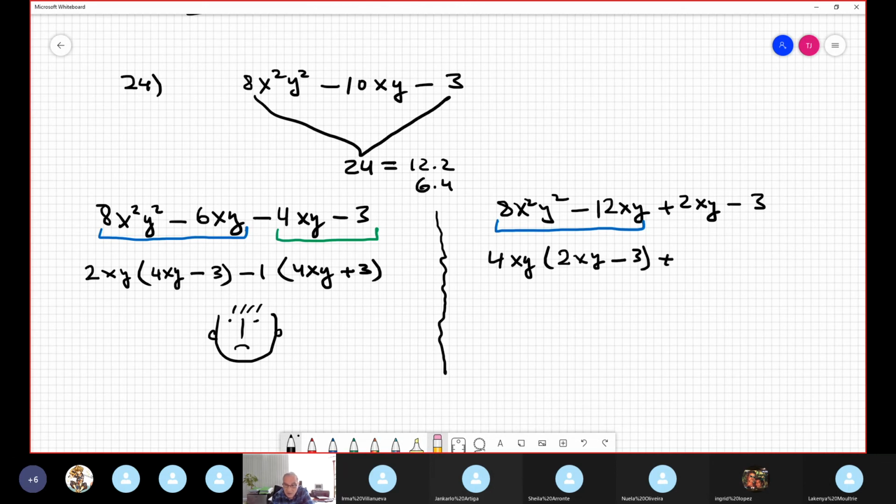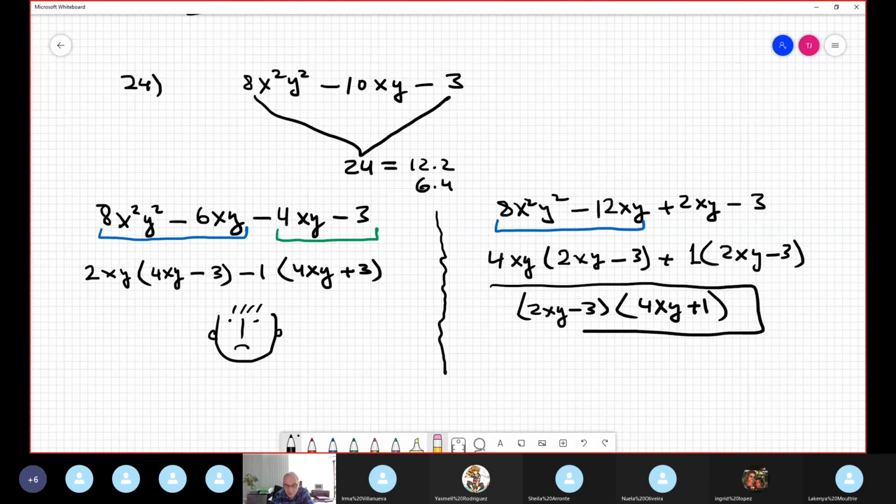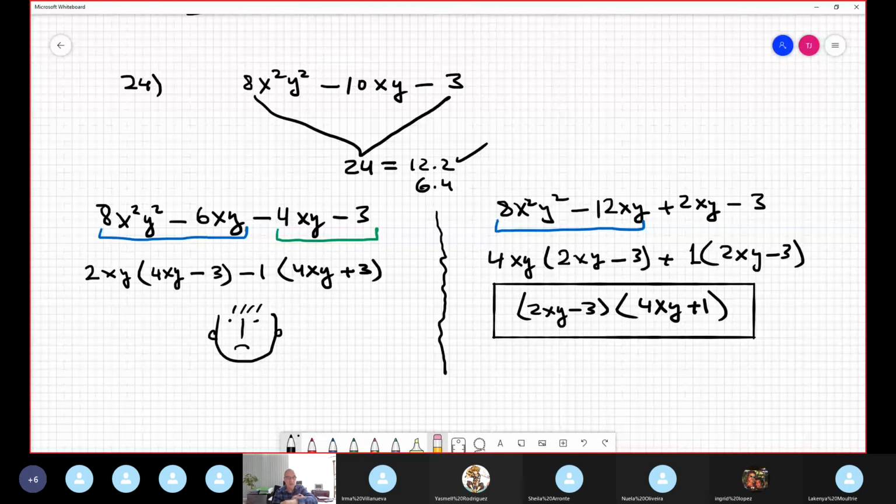Oh, and this is identical: 2xy minus 3. I suppose the GCF is 1. So it's 2xy minus 3, open the last parenthesis, 4xy plus 1. Beautiful example. Final answer. The combination that worked was 12 and 2.